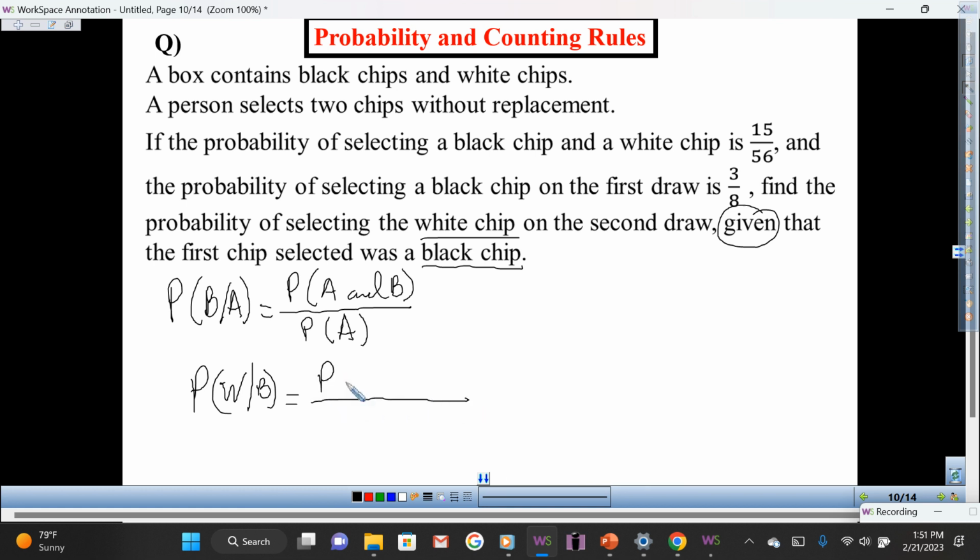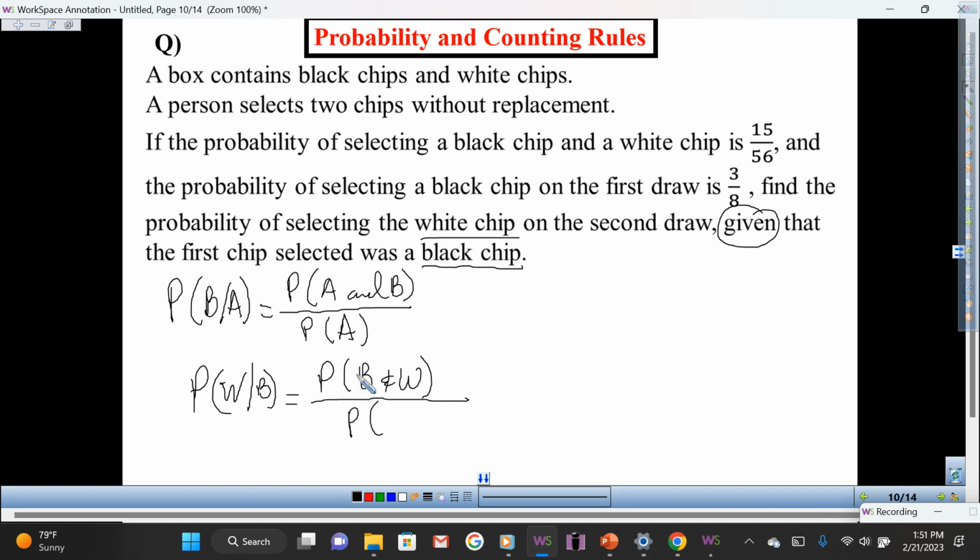So what would we write on the numerator? Yes, B and W. How about the denominator, everyone?